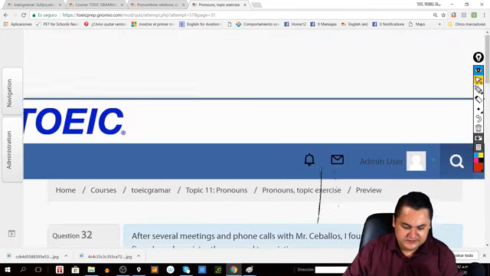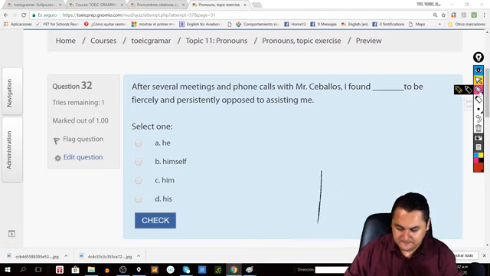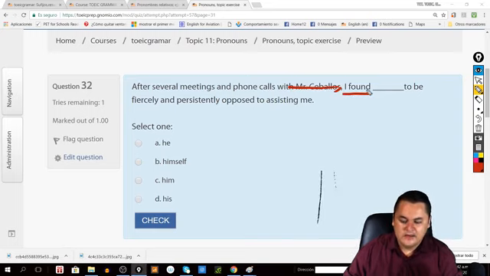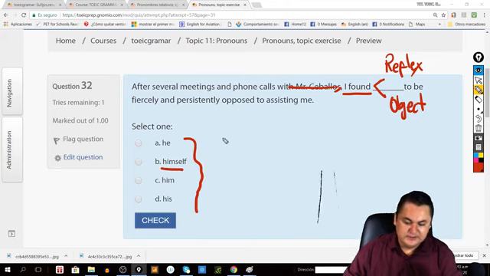Finally, we have this exercise. I found, I'm going to forget about the comma. I found, so here I can either have a reflexive pronoun or an object pronoun. There are no reflexive pronouns. Well, there is one, but it doesn't agree with the first person.